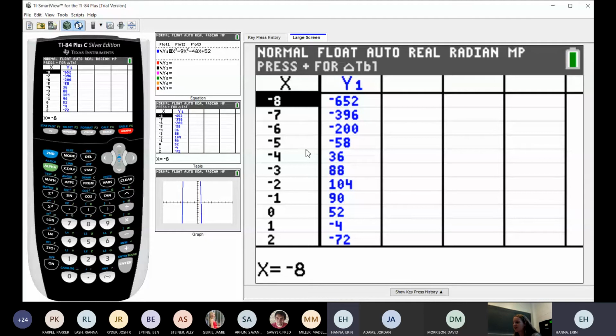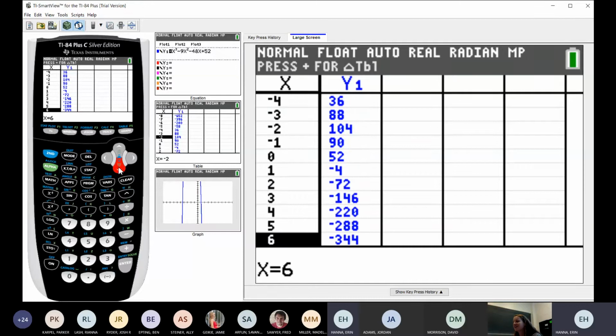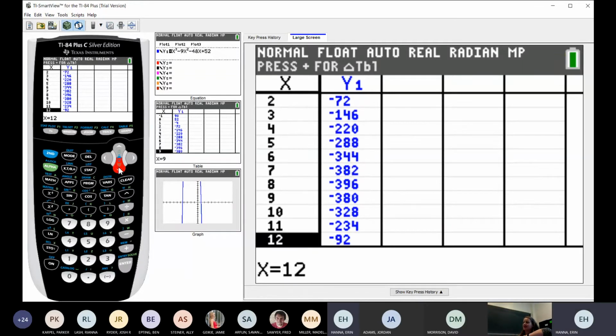So what did we need? We needed -5, which this tells us is -58. We need -2, so that'll be 104. We need f of 8, so I need to scroll down a little bit. f of 8 will be negative 396, and f of 14 will be 360.